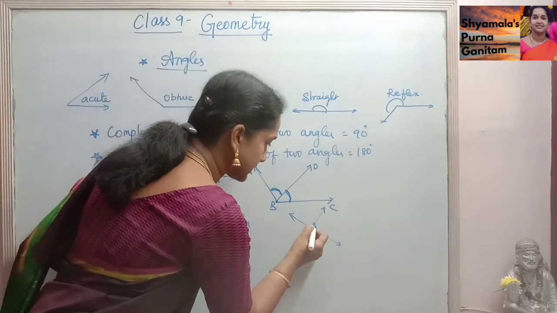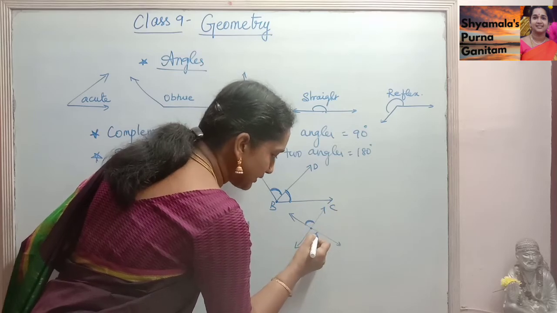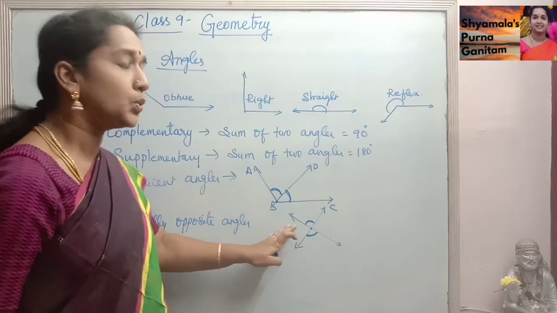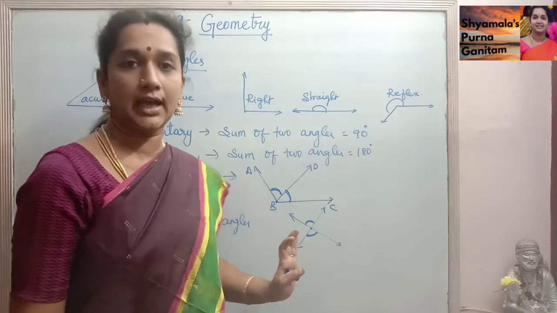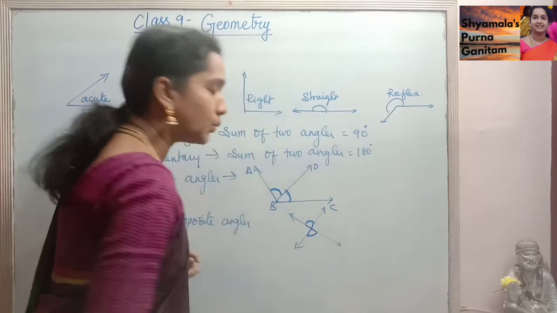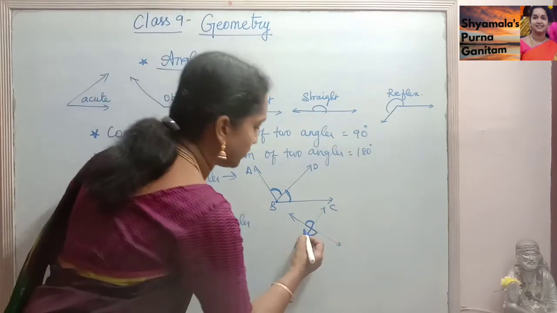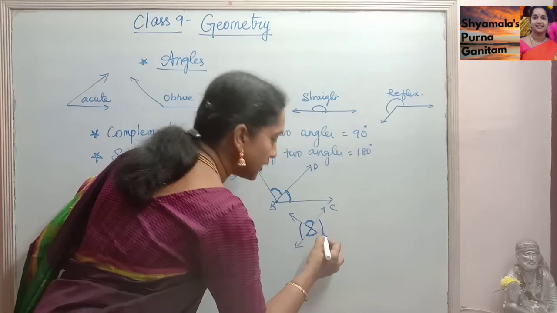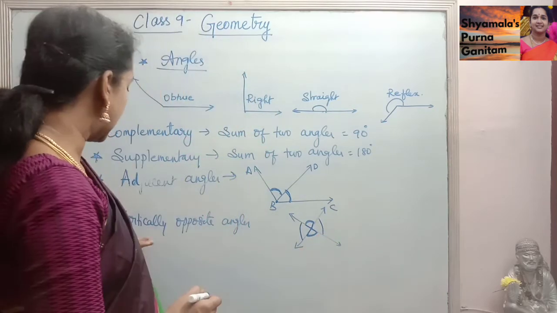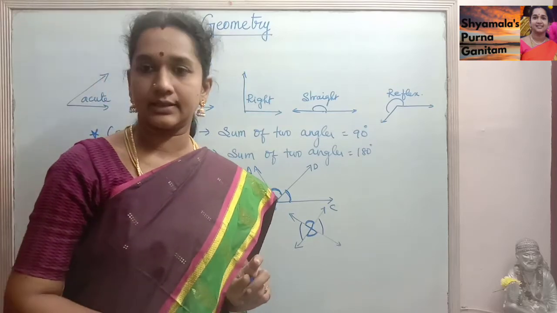The angles that lie on opposite sides are called vertically opposite angles. So this angle and this angle are vertically opposite angles. The same way, this pair is also vertically opposite angles.